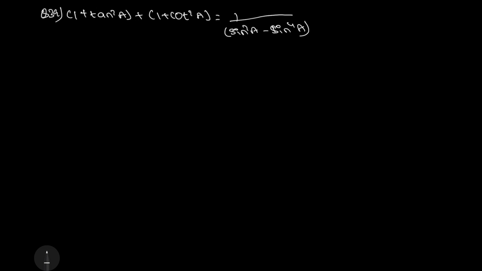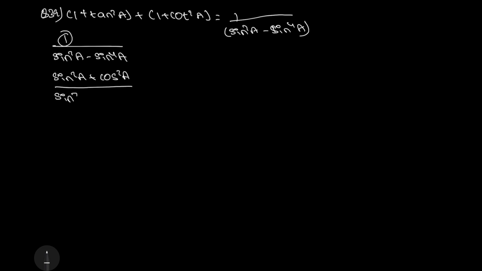This is question number 39. Usually we'll solve our questions using the LHS, and we'll convert that into the form of the RHS. Whereas for this question, we'll simplify our RHS value. Let's take our RHS value, which is 1 by (sin square A minus sin power 4 A), and write this 1 as our identity, which is sin square A plus cos square A. And from here, please take out the sin square A as common.